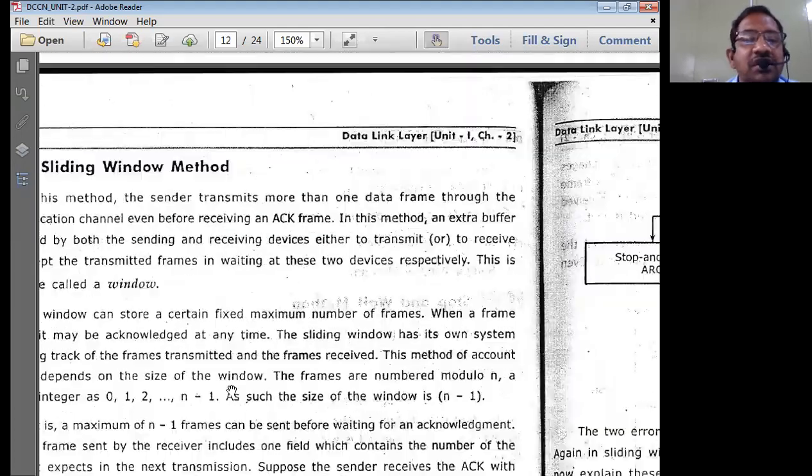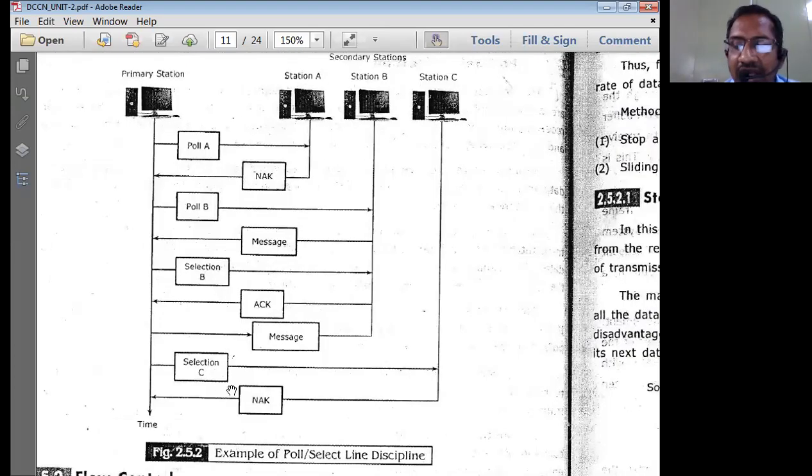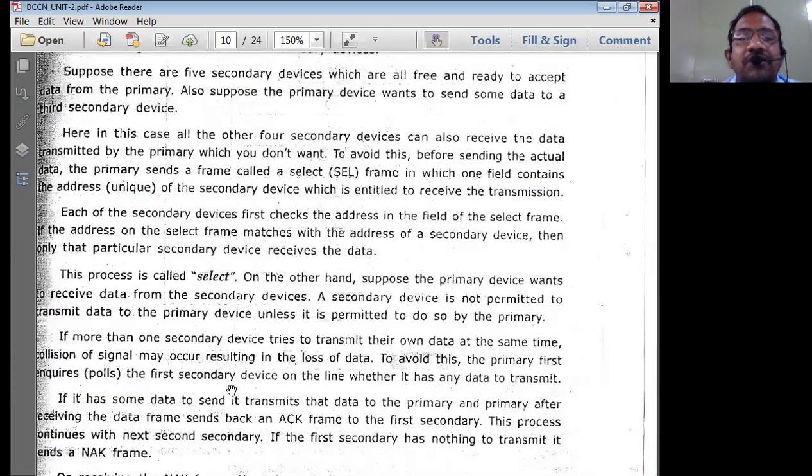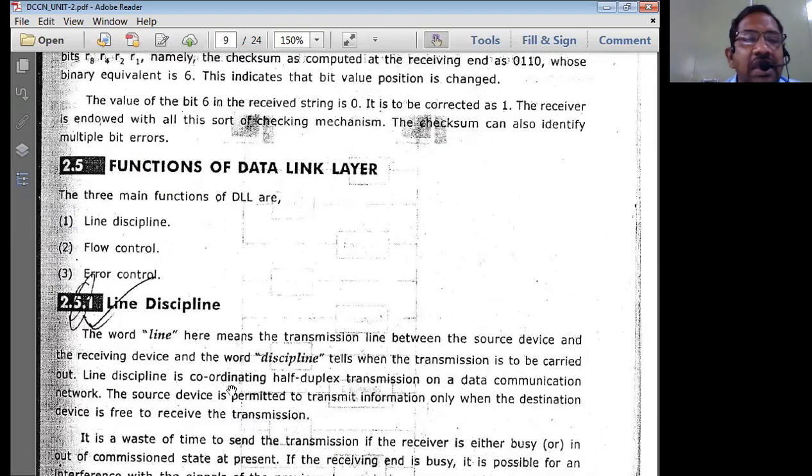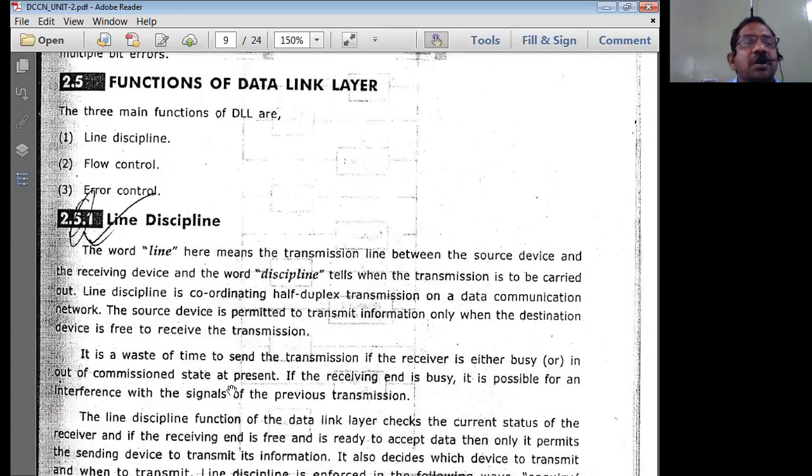In the next session, one more point remains, as we're discussing the functions of the data link layer. We have covered line discipline, flow control methods, and the last method is the error control function of the data link layer.